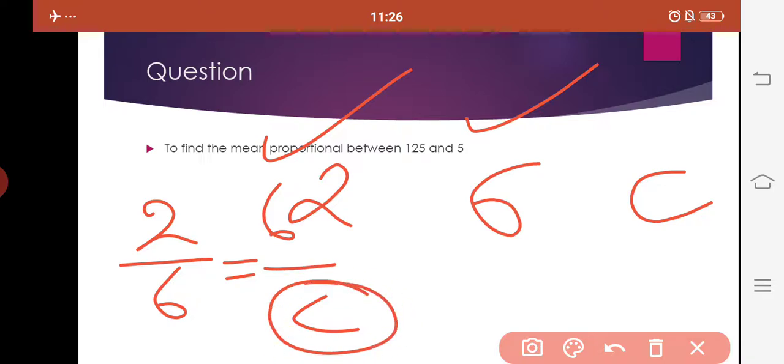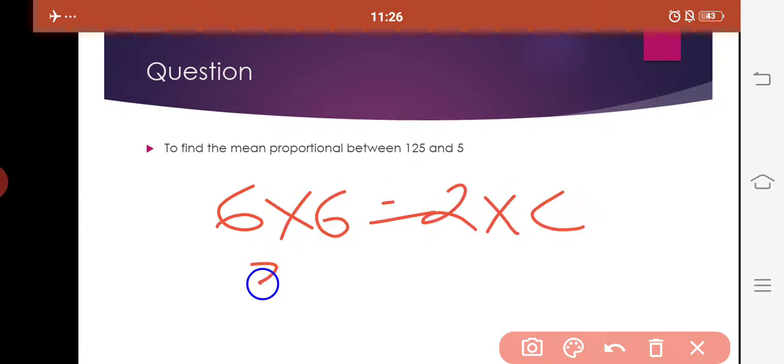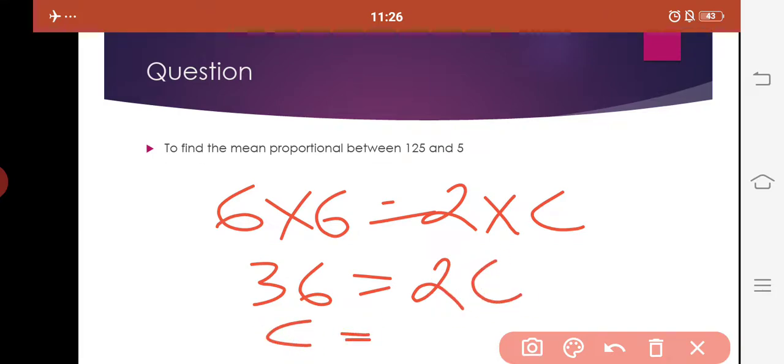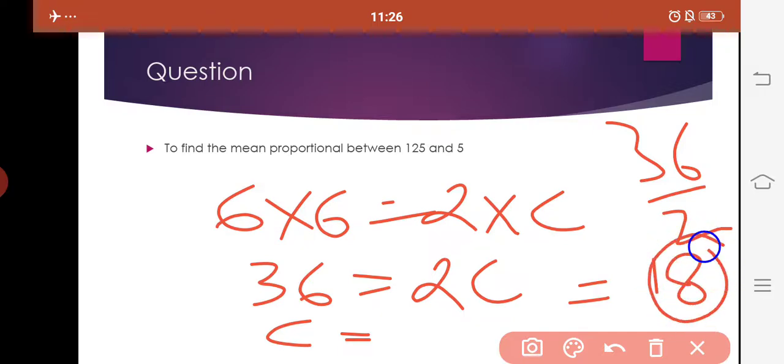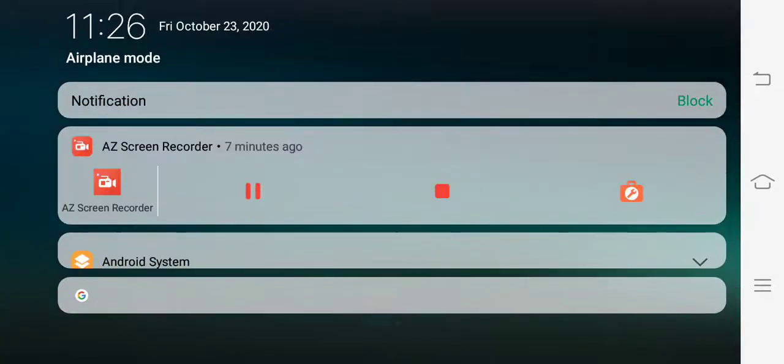On cross multiplying, we have 6 into 6 equal to 2 into C, that is 36 equals 2C, or C equals 36 upon 2, that is 18. This is how we calculate our third proportional. Just go through the example and solve it using the same relation. Thank you.